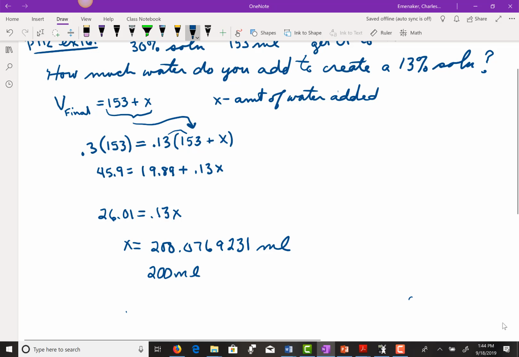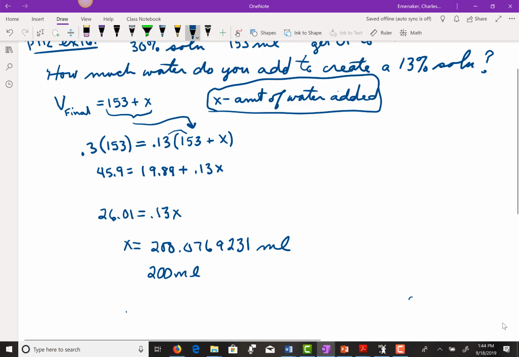Now be careful, because the questions that you're asked could vary. One of the questions could be, how much water do you add? Well, let's see, what does x represent? Ooh, I'm glad I wrote that down way up here at the top. What does x represent?